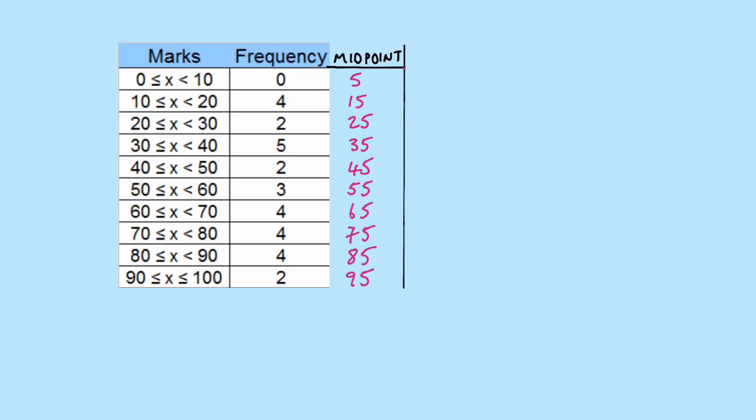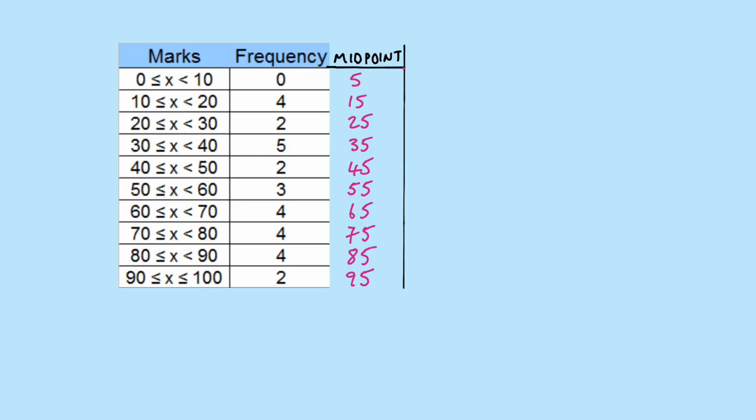Now once we've established a midpoint for these intervals, we then have 0 at 5, 4 values at 15, 2 values at 25, and so on. So we need to find 4 lots of 15, 2 lots of 25, 5 lots of 35, and so on, in order to add up all our values using the midpoints.